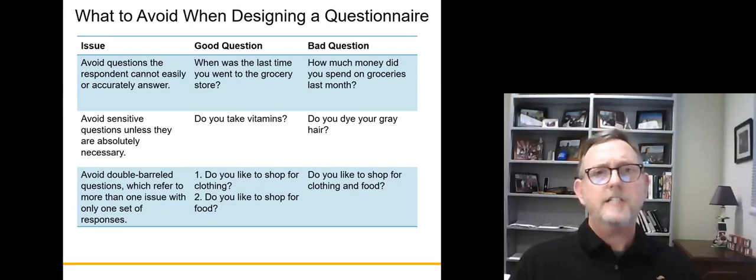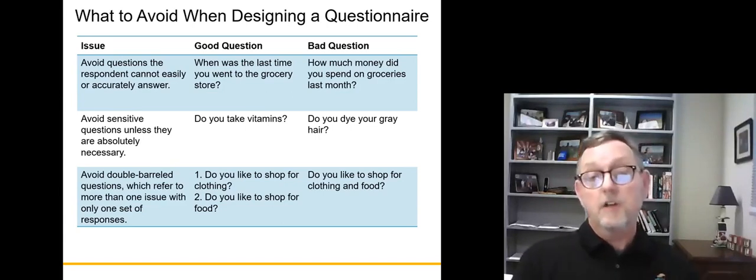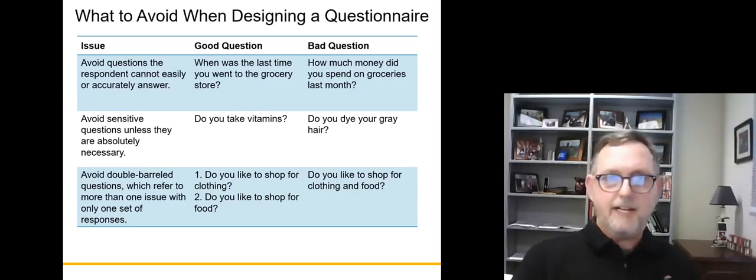We want to avoid asking questions that are highly sensitive or personal. People tend to lie or skip or not fully tell us the truth on questions like that. And we don't want to ask questions that could be answered in multiple ways. So there's an example down here.